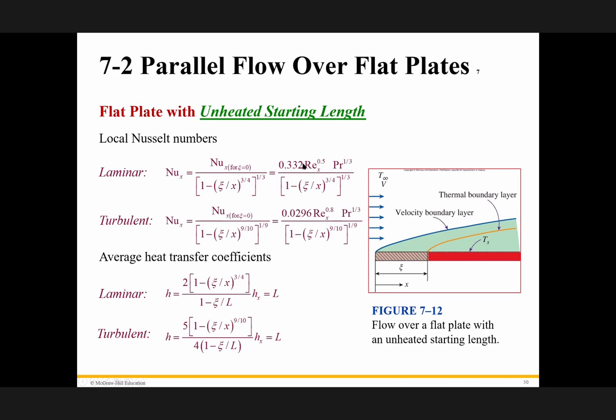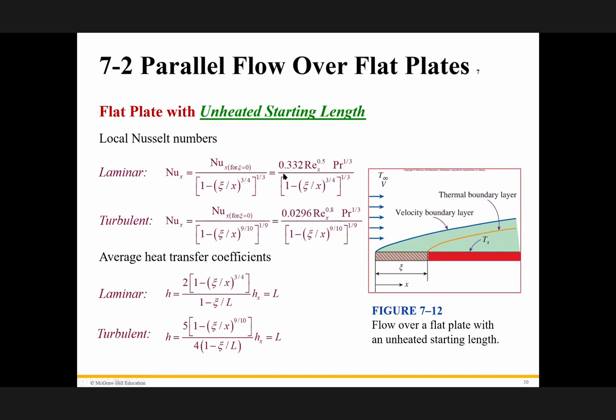Do we consider epsilon as 0? Epsilon is 5 centimeters. This one is the Nusselt number for epsilon equals 0, the conventional Nusselt number. That means the heating is started from here. This is the conventional equation where the heating starts from x equals 0.